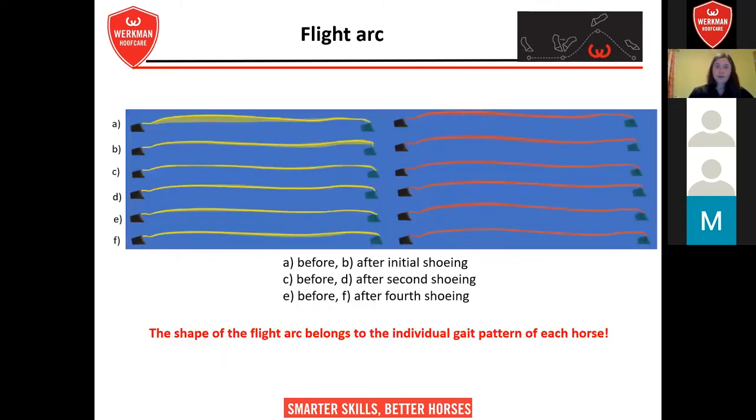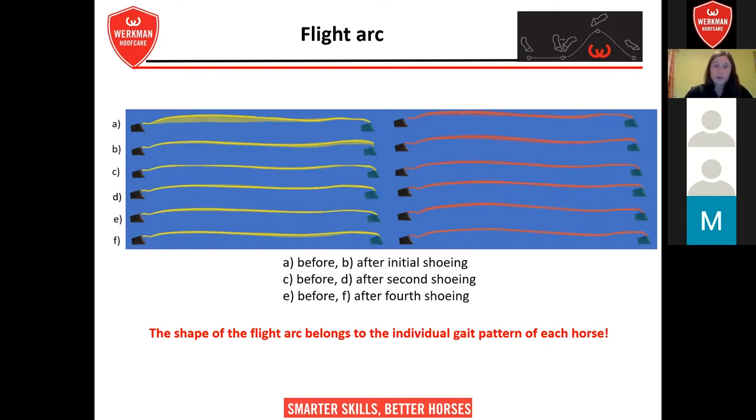And another fact. Now you see one horse, you see in yellow the left and in red the right hoof, and you see the horse before and after initial shoeing in the first two lines, A and B, and then you see C and D before and after the second shoeing, and E and F before and after the fourth shoeing. So you see the flight arcs over a few months of one horse in the right and left hoof.